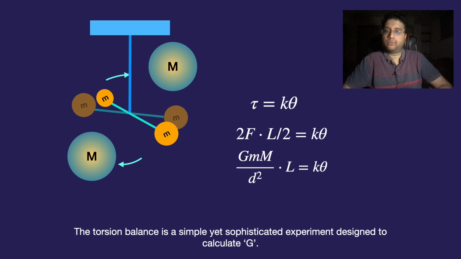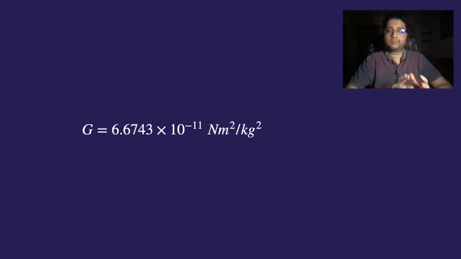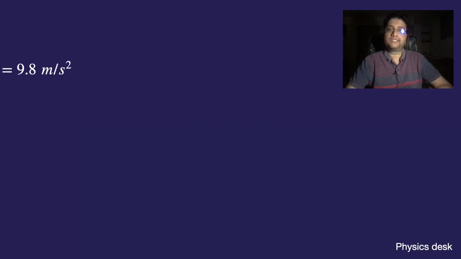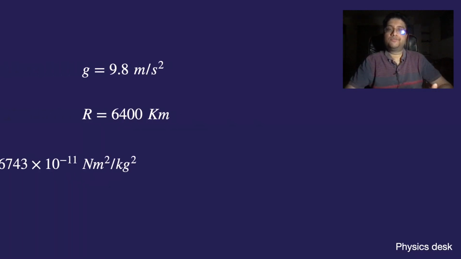One mass is small m, the other one is capital M. So G small m into capital M by d square, where d is the distance between the masses. So G m M by d square into L is equal to k theta, from which you get the value of G. If the experiment is conducted carefully, you get the value of G as 6.6743 into 10 to the power of minus 11. So from this you got the values of the three constants.